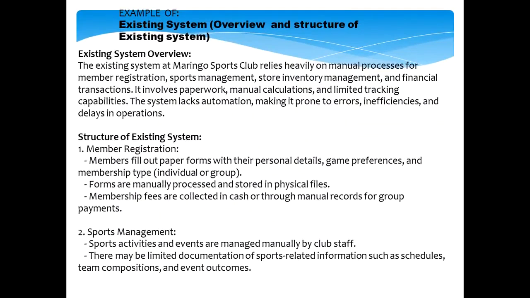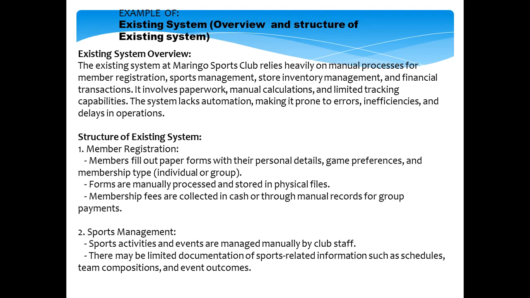Then an example of the existing system overview and structure. So, the existing system overview. The existing system at Maringo, remember we are using the 2023 KCSE project as our case study. So here, how was it supposed to be done? That is the existing system overview.